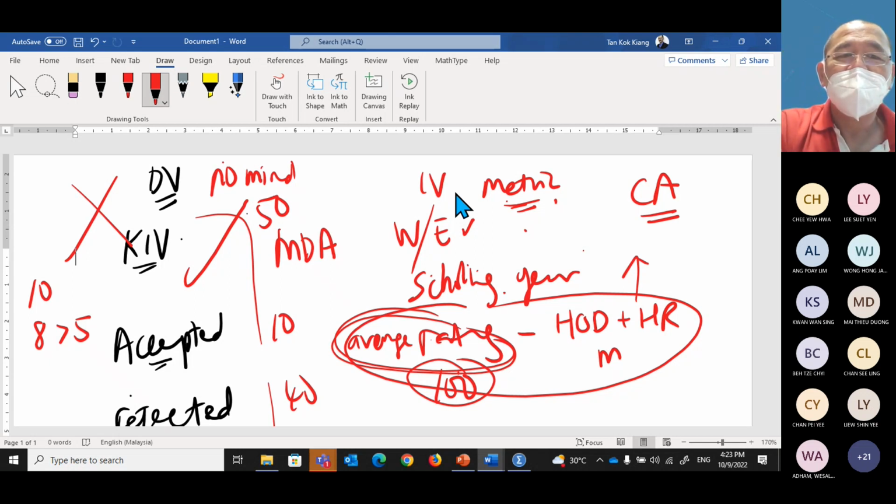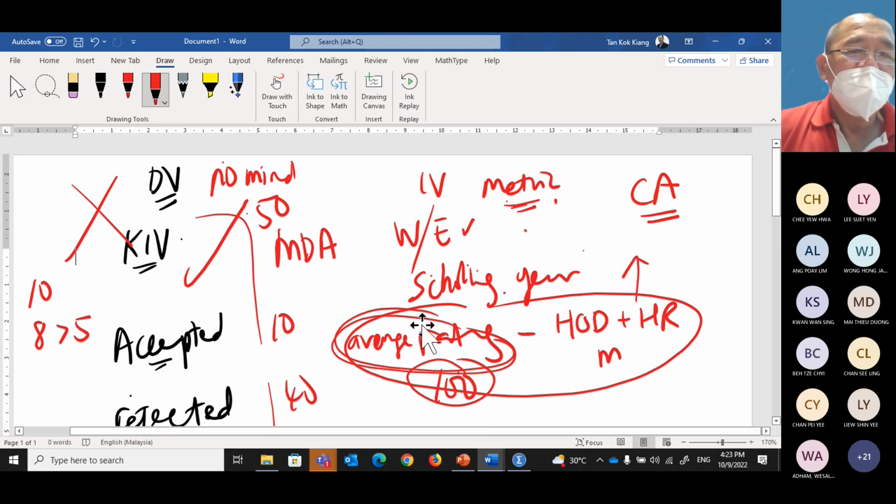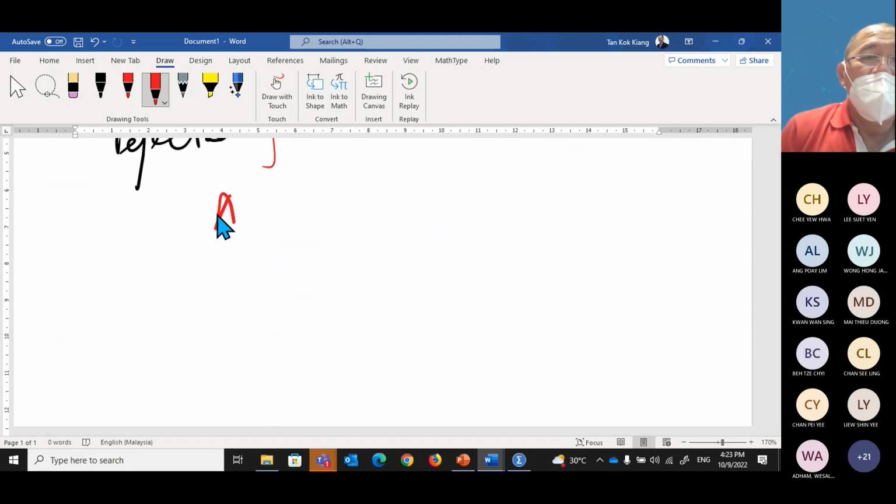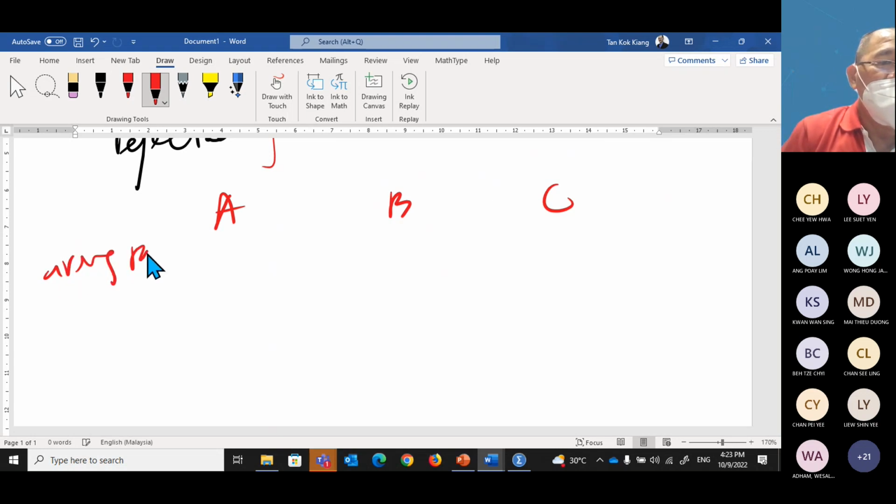Now, let's say example candidates A, B, C. The average rating: the CEO trusts the manager of the health department on their rating. Rating is important.